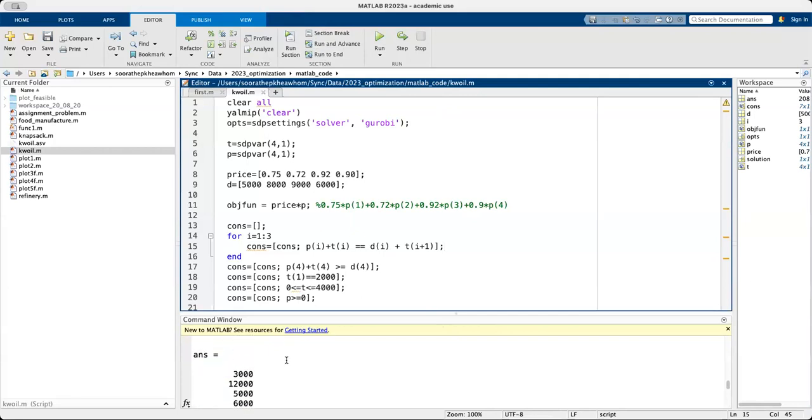Yes, you asked for the answer, right? This is the answer: 3,000, 12,000, 5,000, and 6,000. Because we have 2,000 in the tank, and we purchased 3,000, but we don't keep it in the tank because we sell it to our customer, which is 5,000.